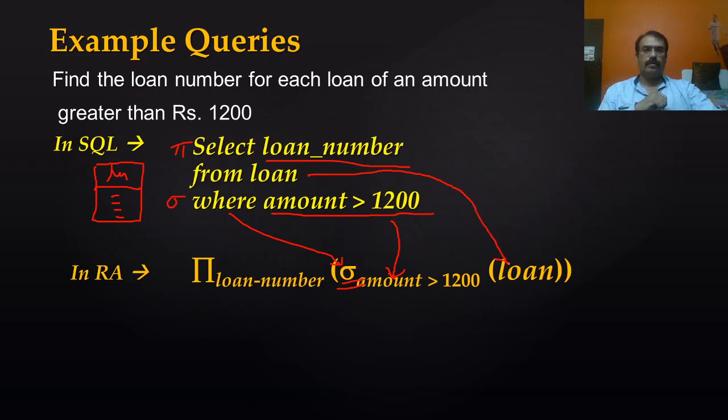Loan is whatever we specify in the brackets, like from, and pi is the project operation. So isn't it easy? If you know how to write a query in SQL, it will be easy to write a query in relational algebra. We'll go for a few complex queries as we proceed further.